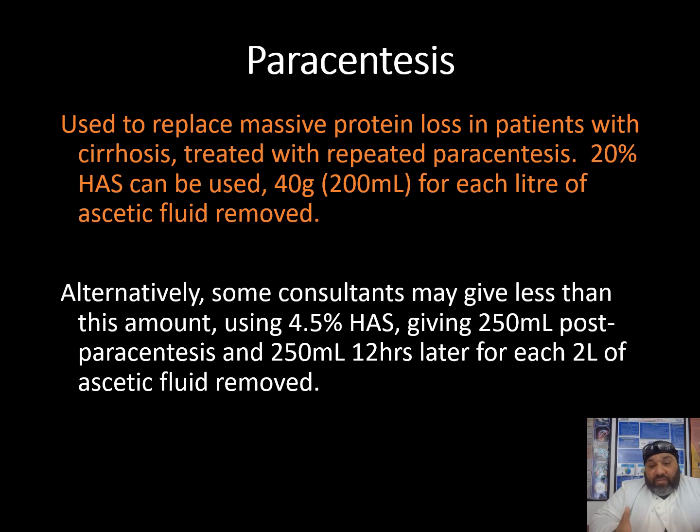And alternatively, some practices may have been updated around this, but some consultants may give less than 20%, or 40 grams, and using 4.5% human albumin solution gives around 250 mils post paracentesis and 250 mils over 12 hours later for every 2 liters of ascitic fluid removed.